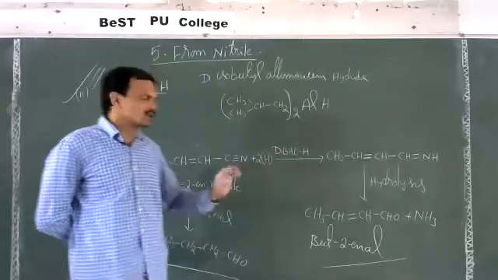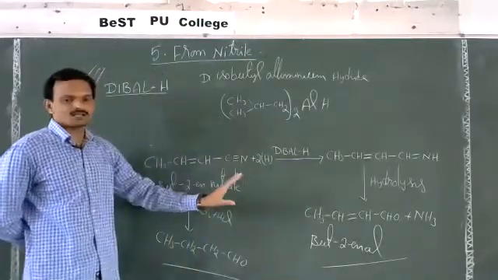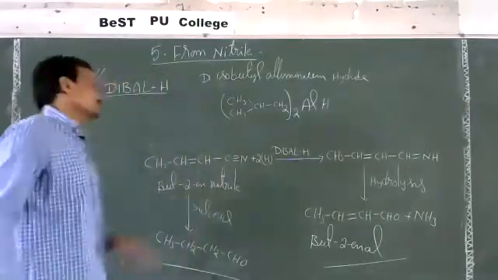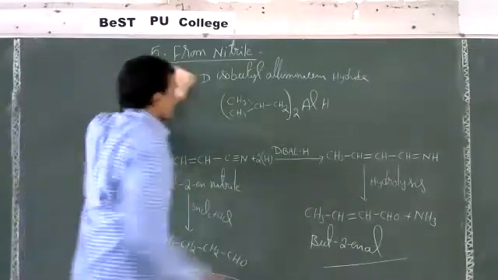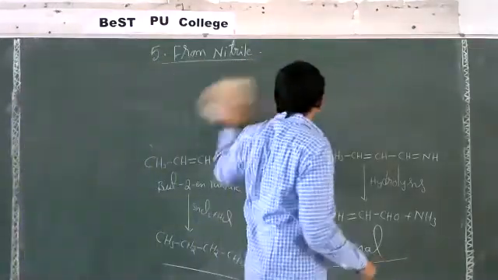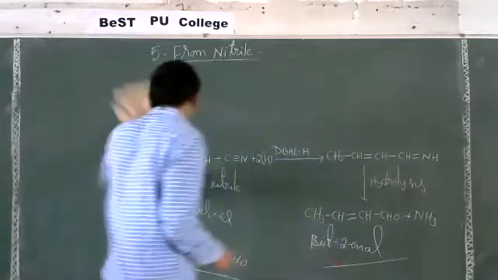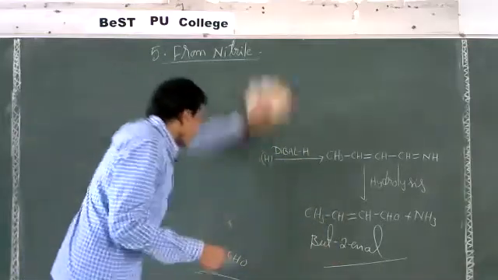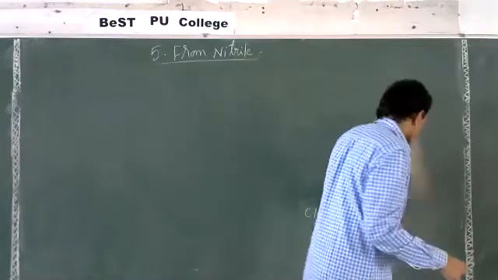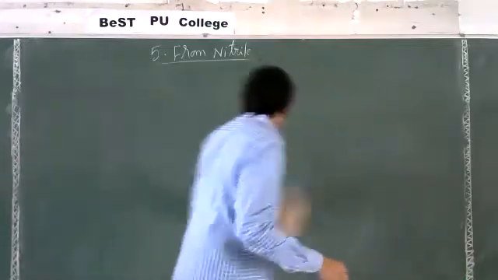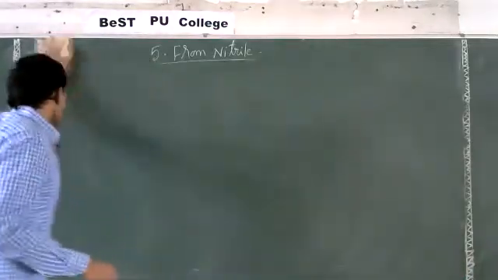Okay, and from the same nitriles we can also produce ketones, by reacting with a Grignard reagent. Now let us see that one also.